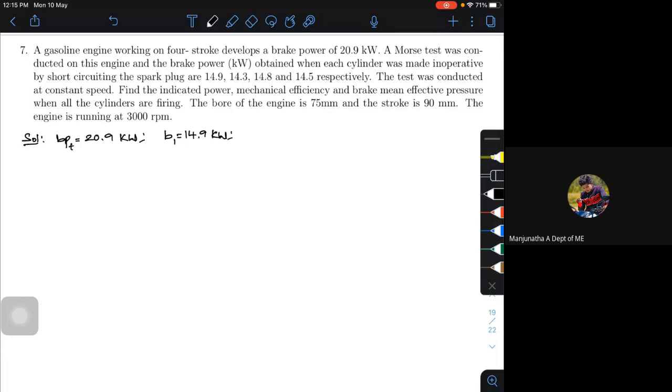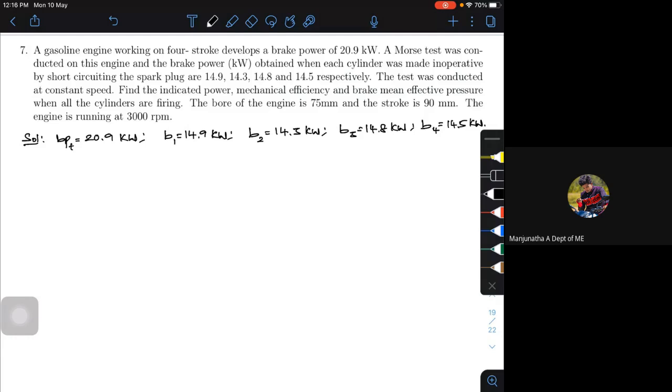When two cylinders are inoperative, B2 is 14.3 kilowatts. When three cylinders are inoperative, it is 14.8, and when four cylinders are inoperative, it is 14.5 kilowatts. This is the data they have given.